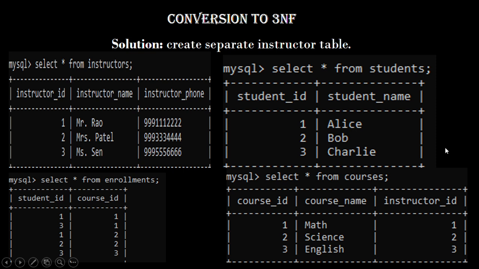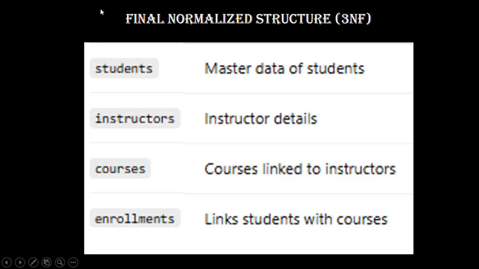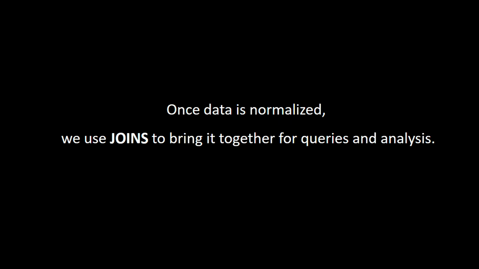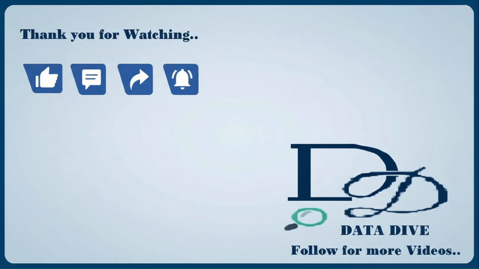But to ensure that each student might enroll in more than one course, we have taken another table called enrollments. So after our normalization, we have the final normalized structure with these tables: students, instructors, courses, and enrollments. So once the data is normalized, we use joins to bring it together for queries and analysis. Thank you.